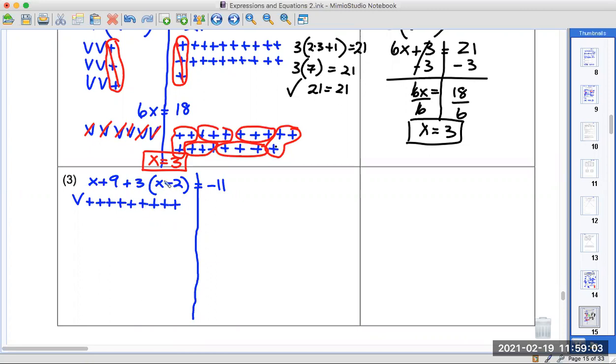And then we have 3 groups of x take away 2. And then we have negative 11. 1, 2, 3, 4, 5, 6, 7, 8, 9, 10, 11. Okay, let's think about the scale.